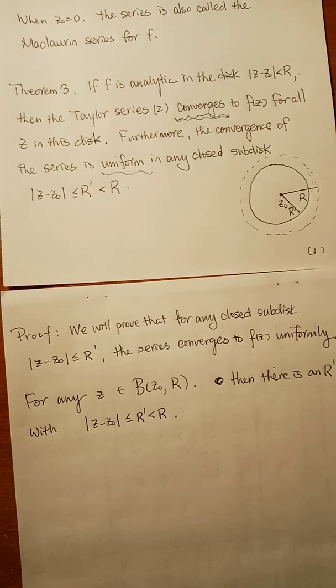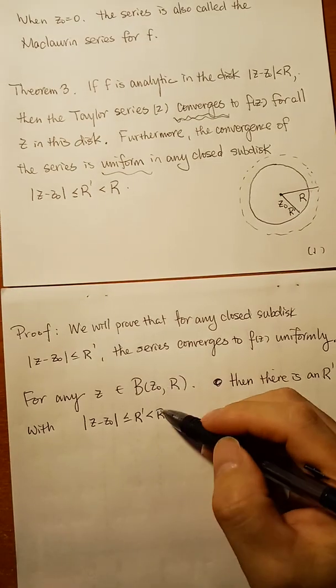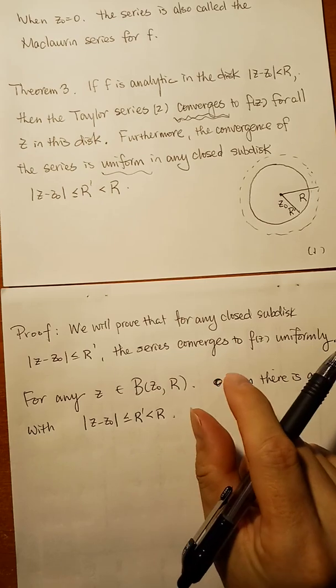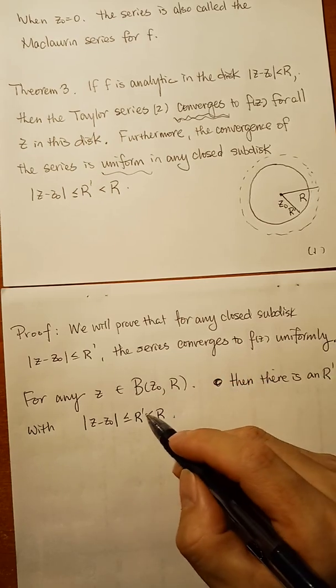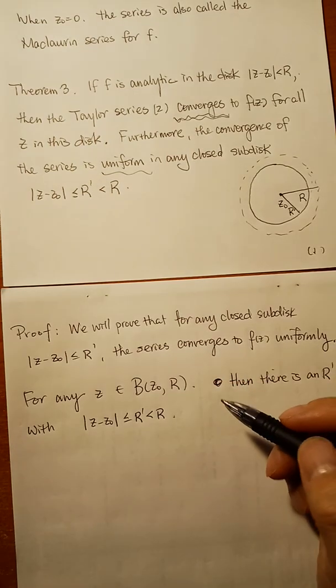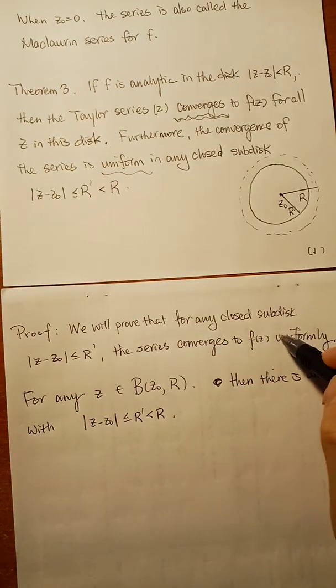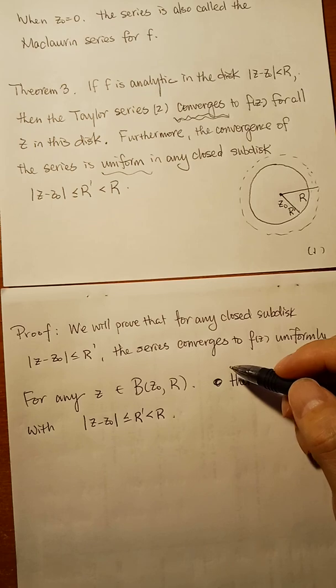So whenever you have a point inside the open disk, it's never on the boundary. If it's not on the boundary, there's a certain distance. Then you insert r prime there. So this point z is included in this uniform convergence case.